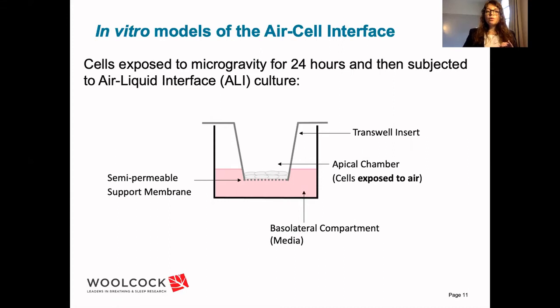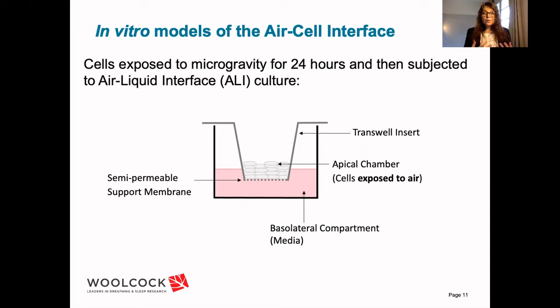They're allowed to grow throughout the next 21 days, in fact. And the reason that they're able to grow is because of this semi-permeable membrane. So this membrane here allows the transfer of nutrients and growth supports throughout the basal compartment, allowing these cells to grow for 21 days.